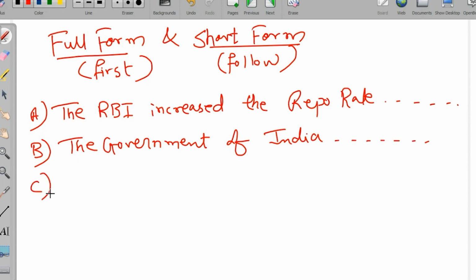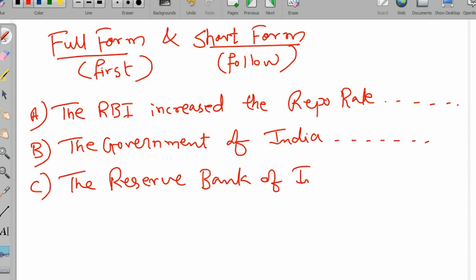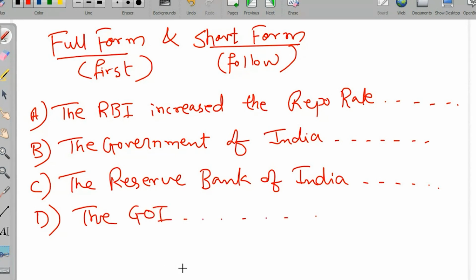Statement C is saying the Reserve Bank of India, something else in this. And statement D is saying the government of India. Now look at these four statements and tell me which of them have full forms and which of them have short forms.